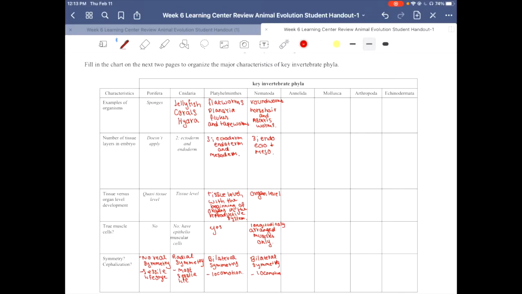The next phyla is the Annelida, and these are going to be our earthworms and leeches. So the big category would be segmented worms.